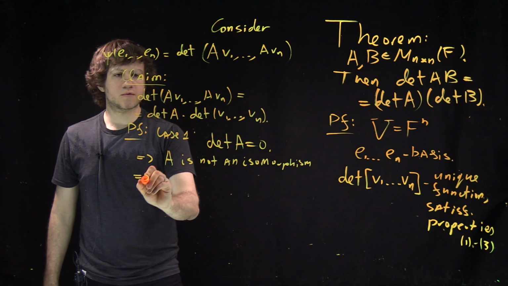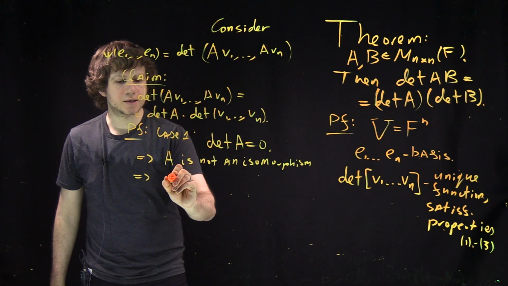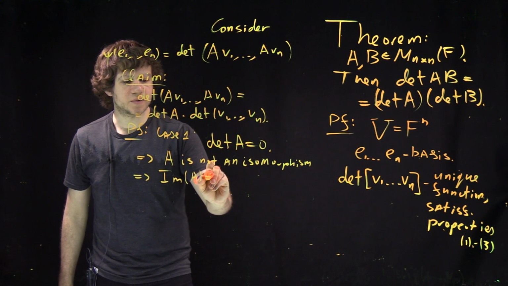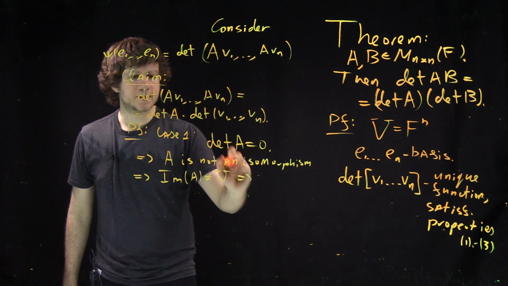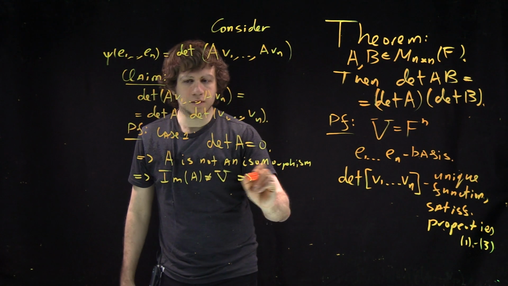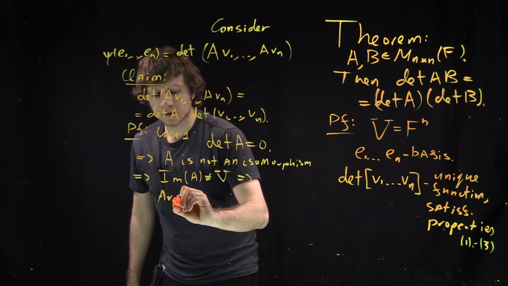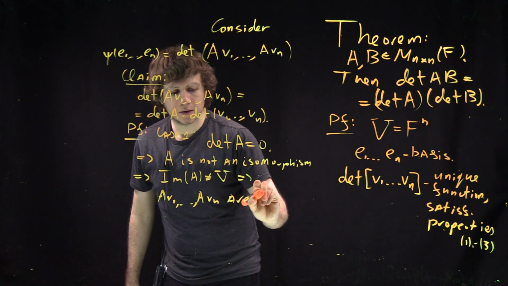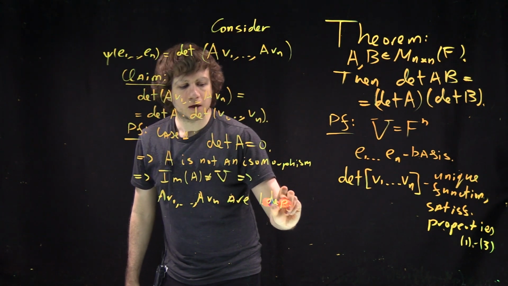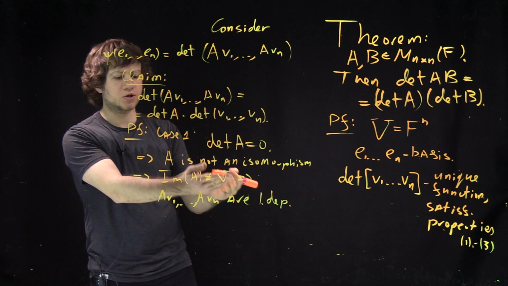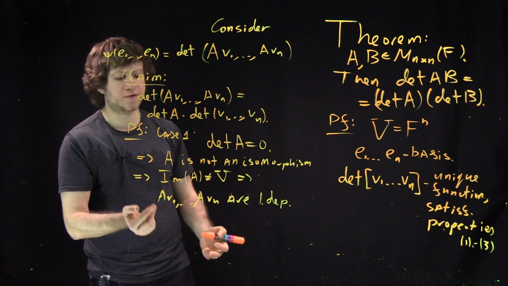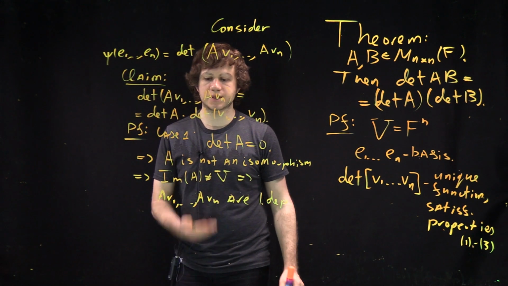What it means is that the image of A is not the whole space V. Then Av1 up to Avn are linearly dependent, just because they lie in the image, and the image is not the whole space, so it has dimension less than n, so we cannot find n linearly independent vectors there.